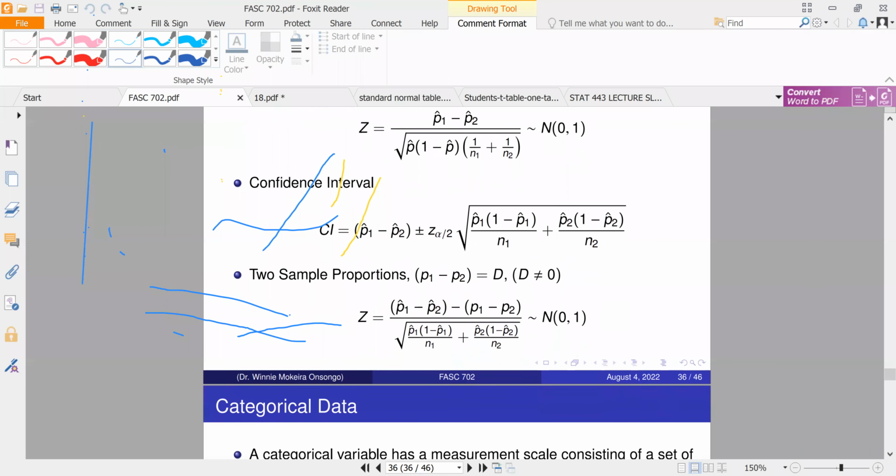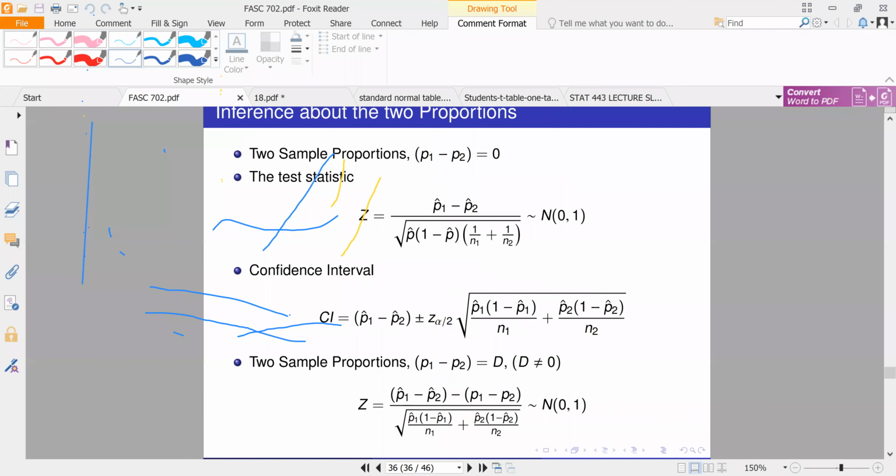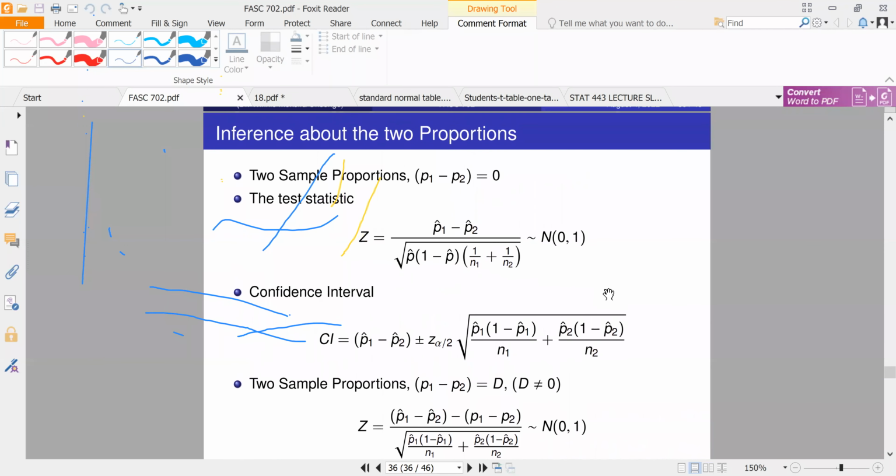Now, if we standardize, we also have this value of Z, the random variable Z. And this random variable is what is going to be used in estimating the confidence intervals.